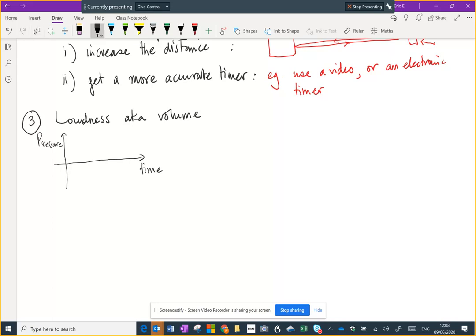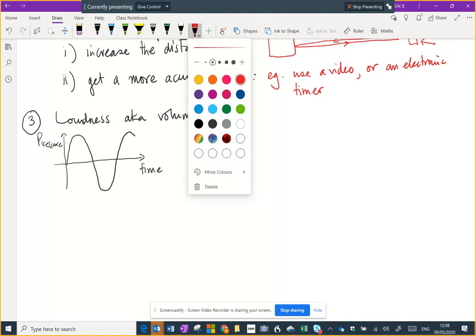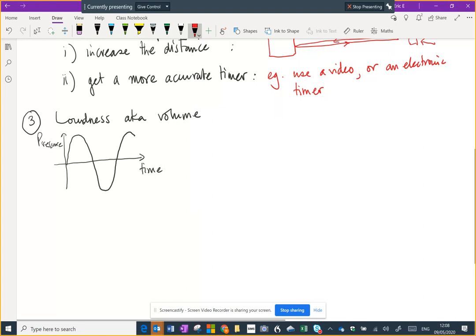Anyway, here, this is a picture. And all we've got to say about loudness or volume is that a quieter sound would look like this. So louder sound, e.g. a dog barking, louder sound equals larger amplitude.